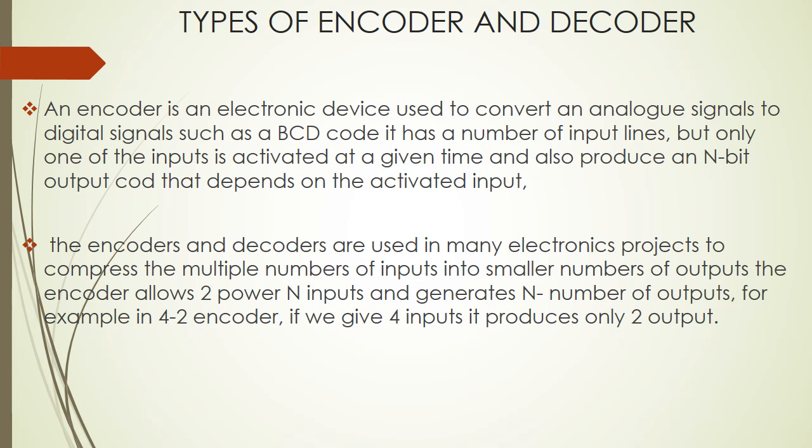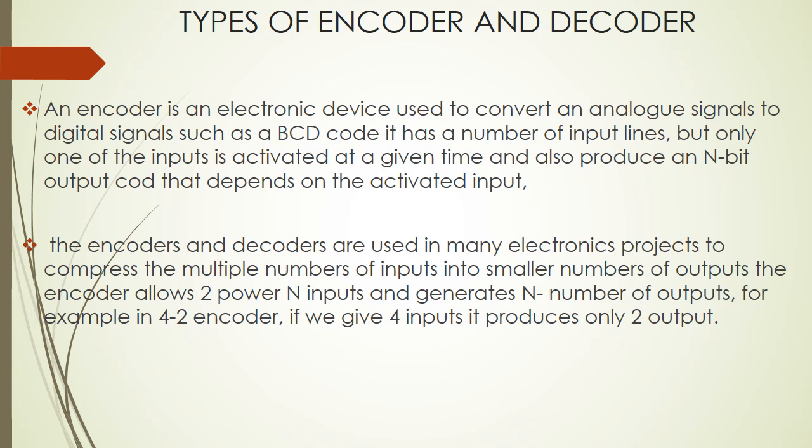So let's look at the other one, which is the decoder. Decoders are used in many electronics projects to compress multiple inputs. As we said earlier, they have multiple inputs which are represented by binary digits, compressing multiple inputs into a smaller number of outputs.